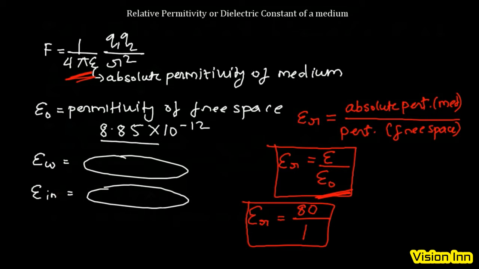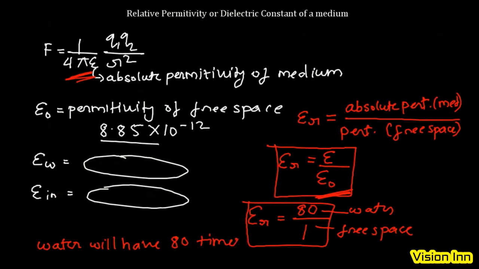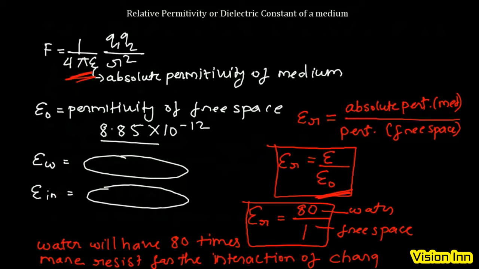So this is of water, this is of free space, or what we can call vacuum. So water will have 80 times more resistance for the interaction of charges.